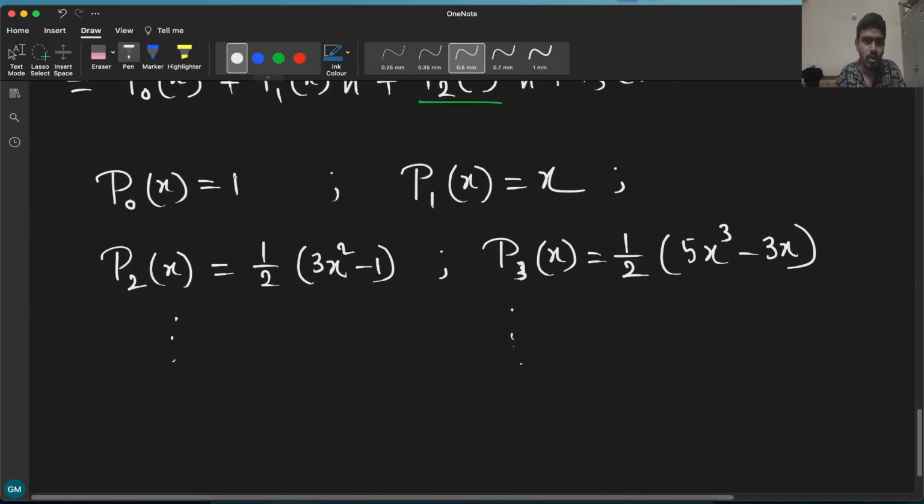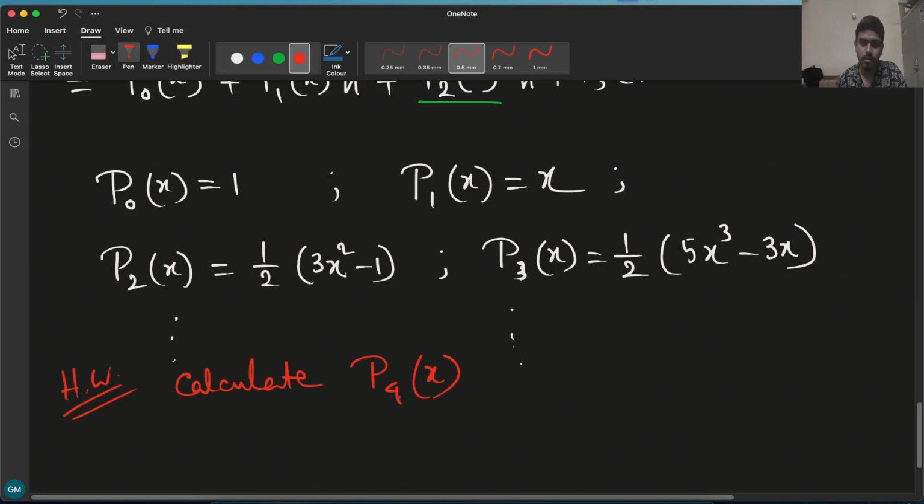So as a homework, you can calculate p4(x) and p5(x) and verify with your previous result.